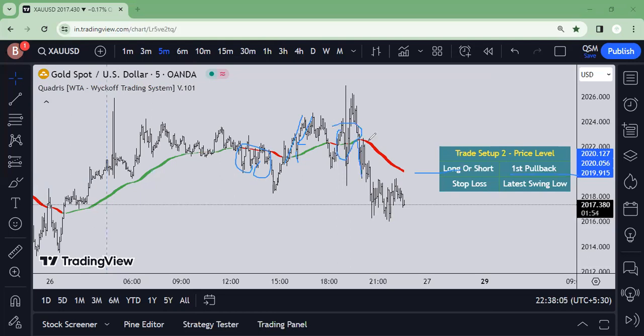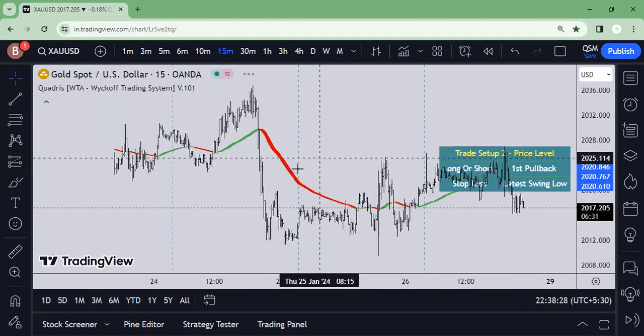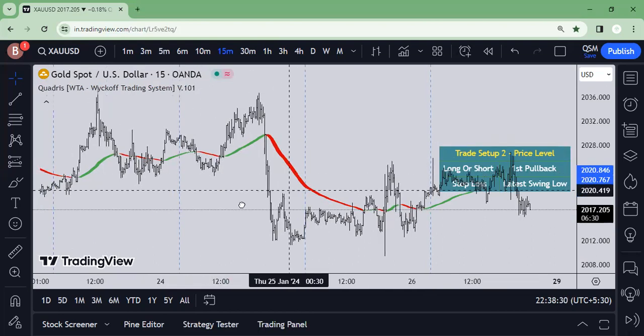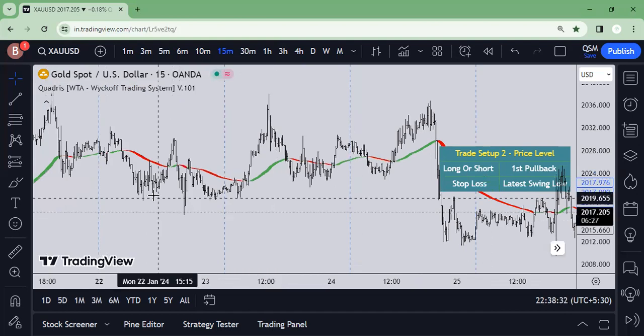As soon as the price comes down, it touches this level and closes up below. Place your stop loss above this point, and this is your first pullback trade based on dynamic trend lines.